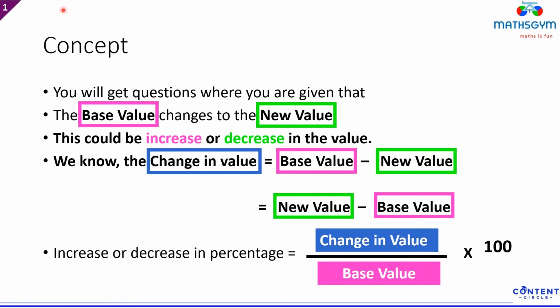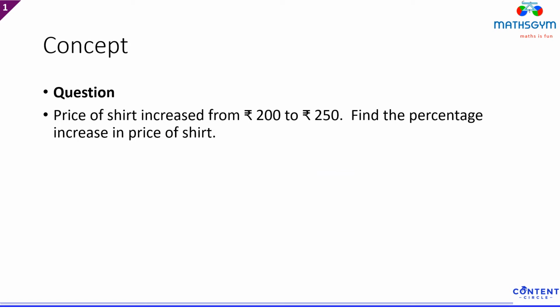So what you do finally to get the increase or decrease in percent, you put the change in the value in the numerator, and in the denominator you put the base value, multiplied by 100. Whatever you get will be the answer to your question, which would be the increase or decrease in percent as the case might be. So now take a look at the question and test your understanding of the concept.